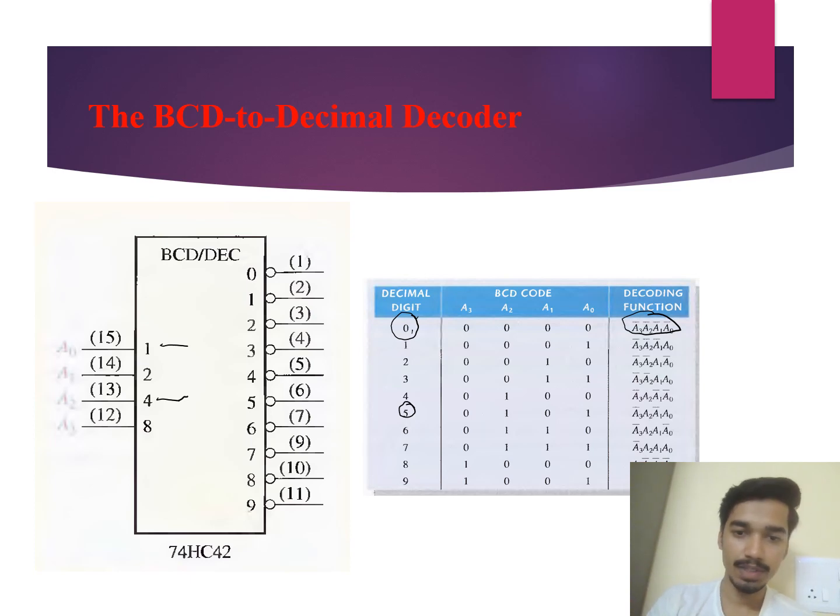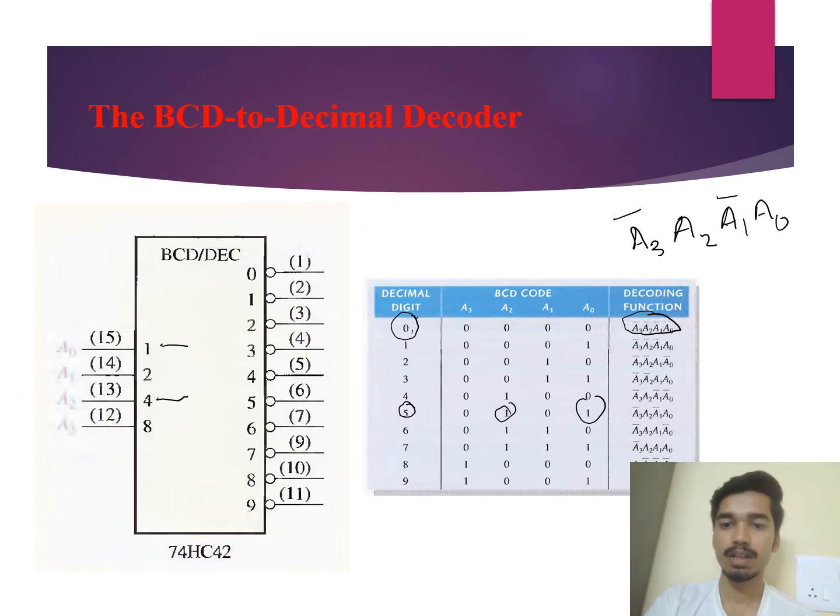So in the truth table, the 4 and 1 will be high, 1, 1, and the rest will be 0. And we will get A3 bar, A2, A1 bar, and A0. The bar is removed because these are high and these are 0. So for 5, we are getting this.